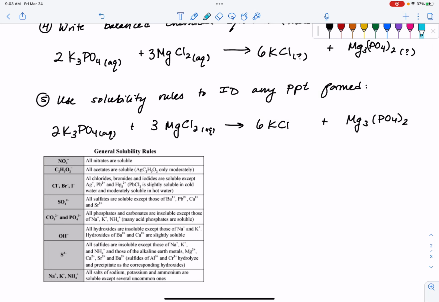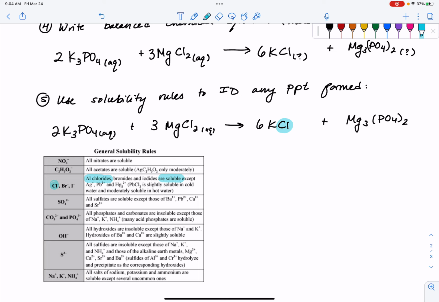So if I'm looking here at my chlorides, I do have a rule for chlorides. All chlorides are soluble except if we have silver, lead, mercury 1. And if you notice in this compound, it is chlorine, not with any of those exceptions.